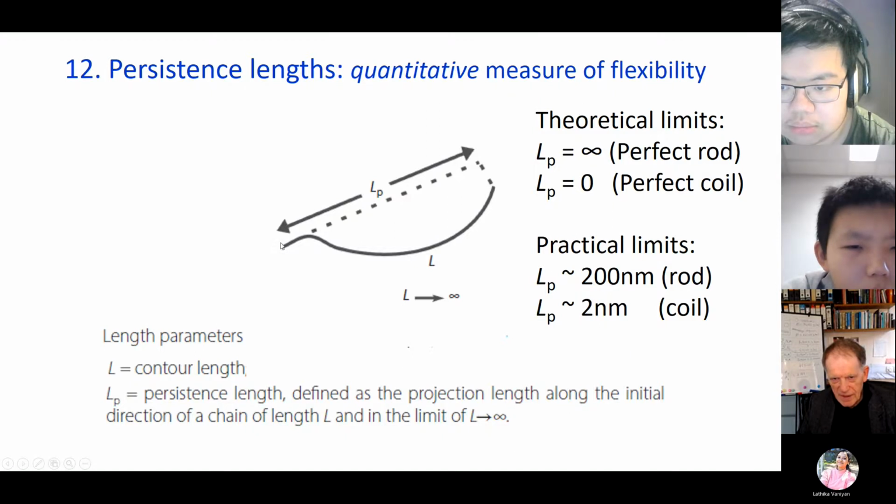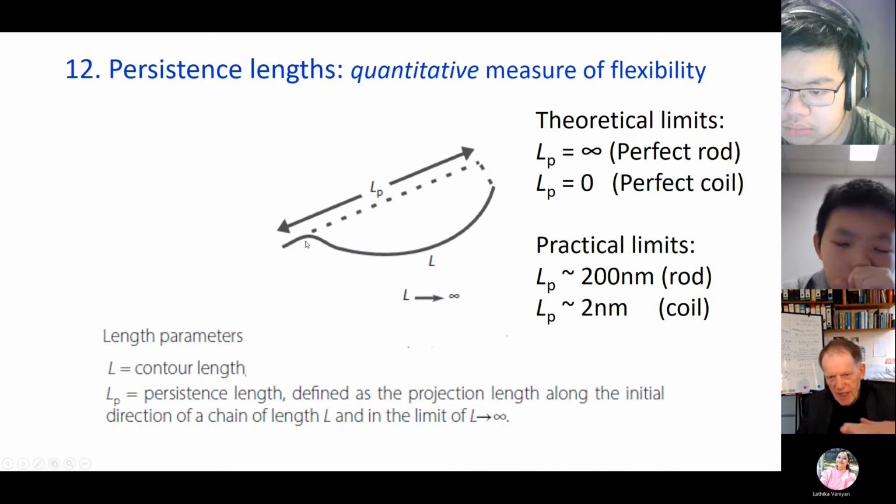And this distance here to here is known as the persistence length, in the limit that the chain length goes to infinity. So the persistence length is defined as the projection length along the initial direction of a chain of length L in the limit that L goes to infinity.